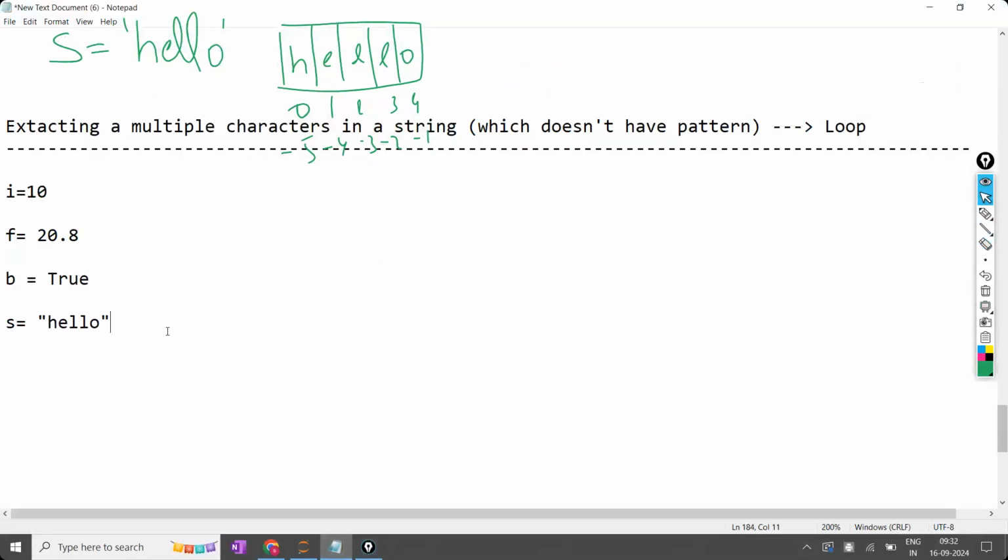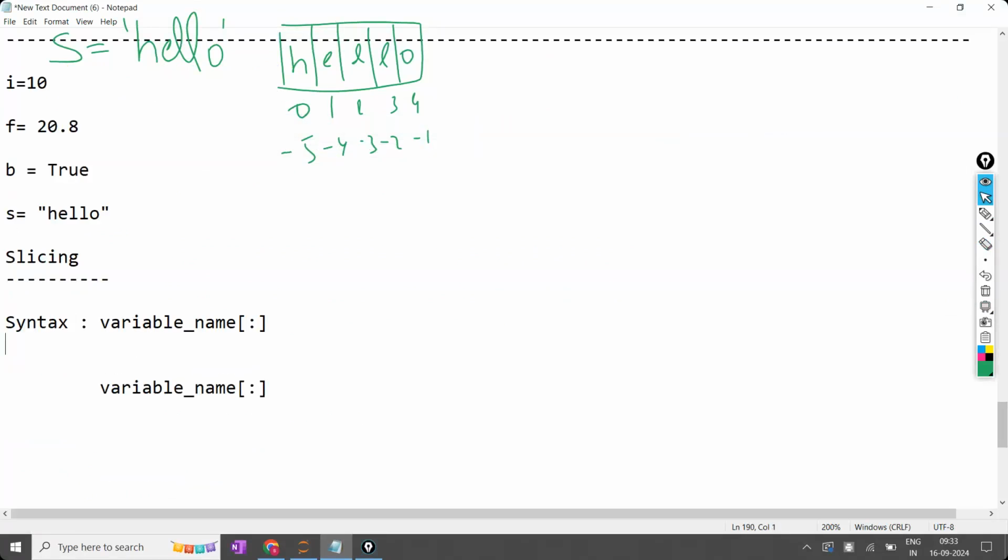The syntax is: first you write the variable name, then brackets. In the brackets, you use either a single colon or a double colon. Two options are there.